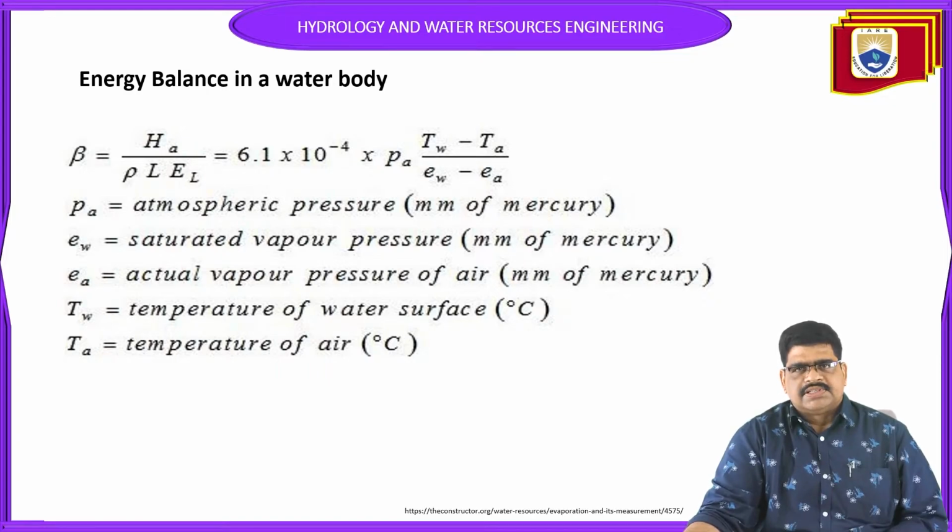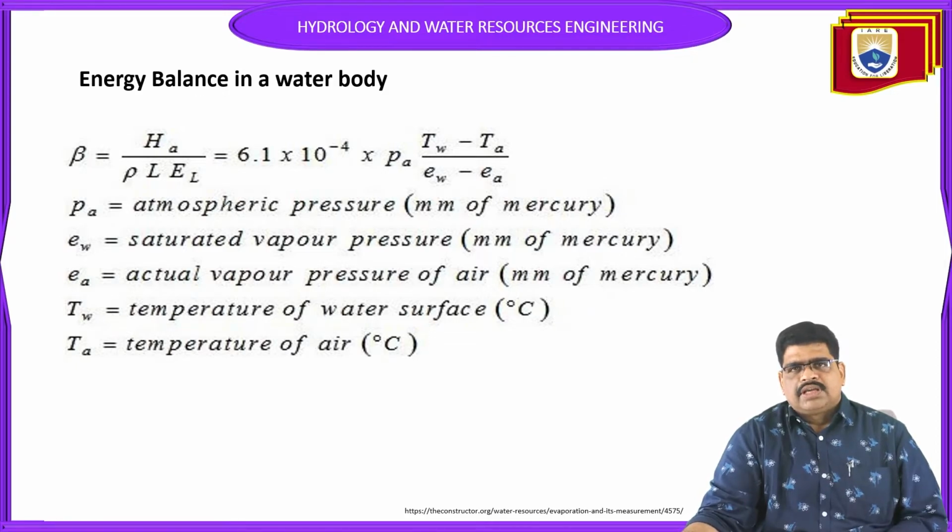That is the difference between these: the temperature of the water surface and the temperature of the air, TW and TA. And the other one is EA and EW, where EA is the actual vapor pressure in air and EW is the saturated vapor pressure.